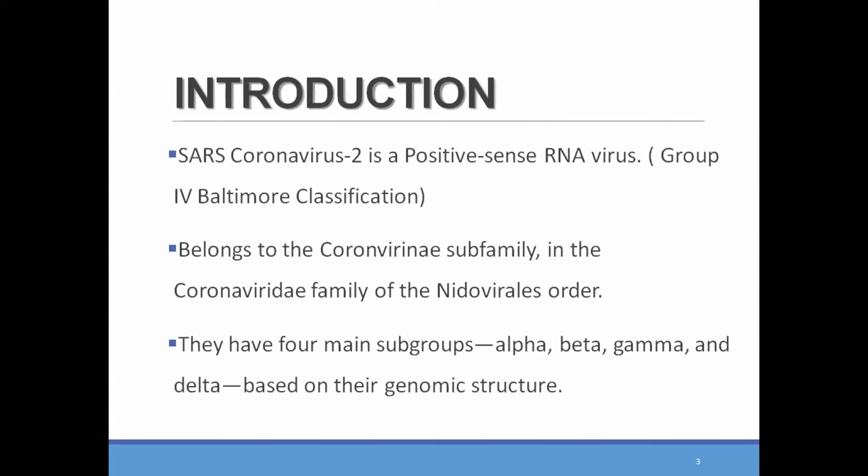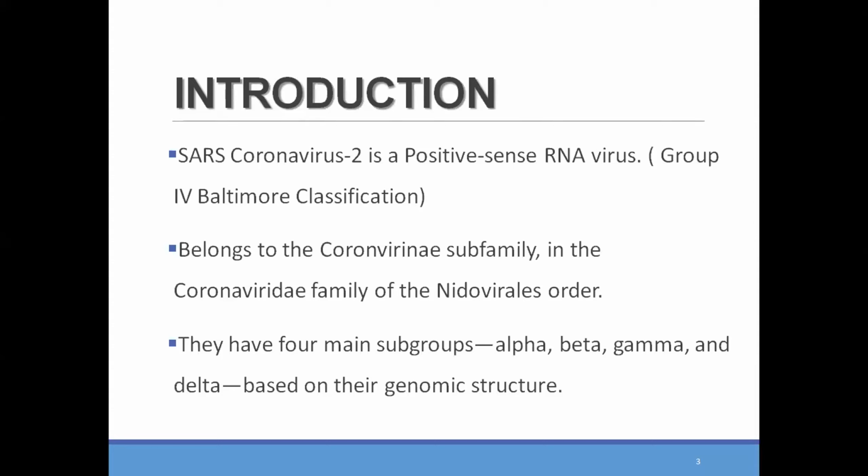This comes under group 4 of the Baltimore classification. There are DNA viruses and RNA viruses. Even in DNA viruses, there are ssDNA viruses. In RNA viruses, you have positive sense RNA viruses and sometimes negative sense RNA viruses. So there are many differences, and based on that, we need to decide on the technique that we are going to use.